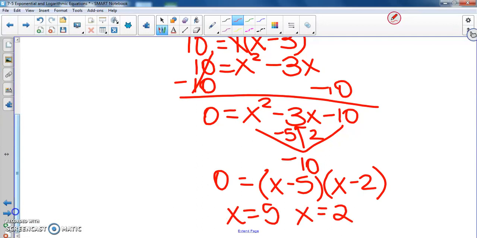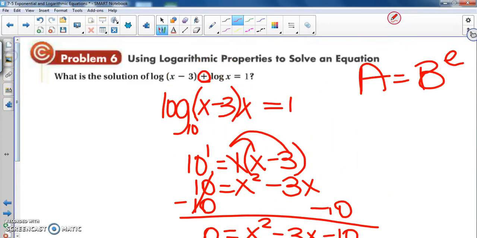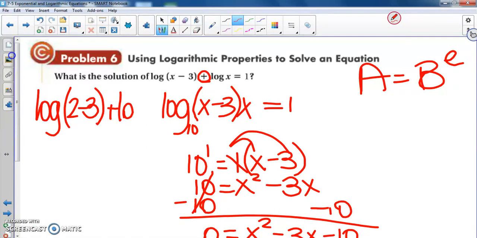We need to check our answers. Is the log of 2 minus 3 plus the log of 2 equal to 1?